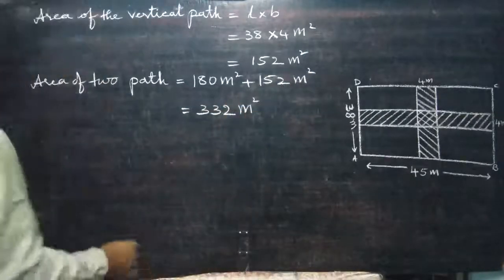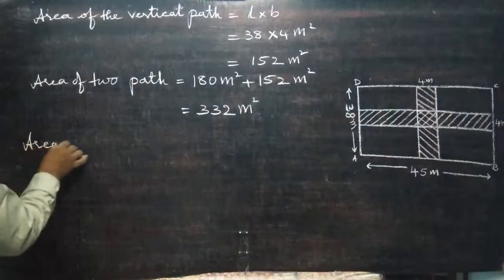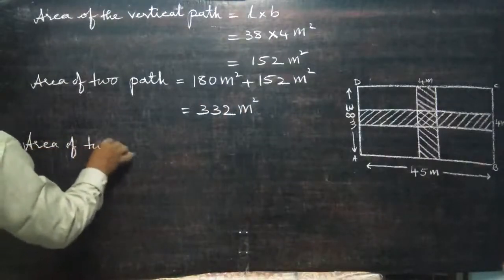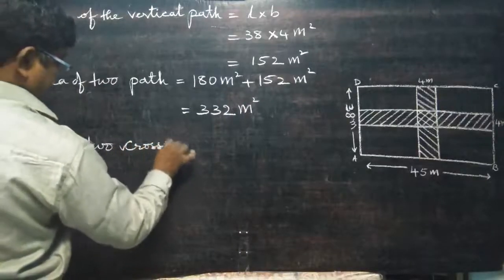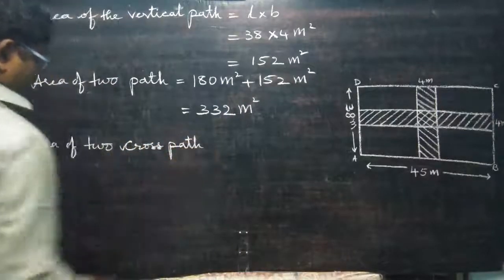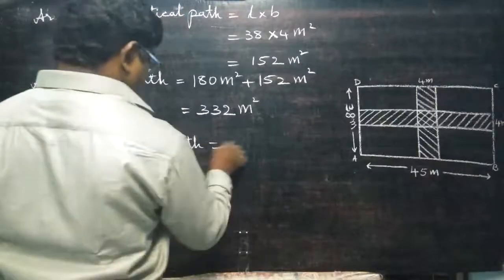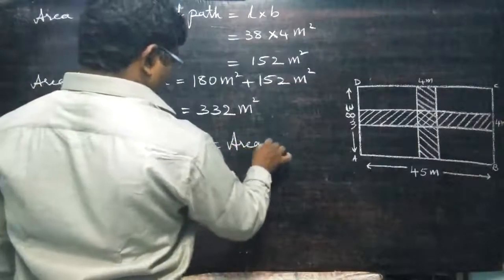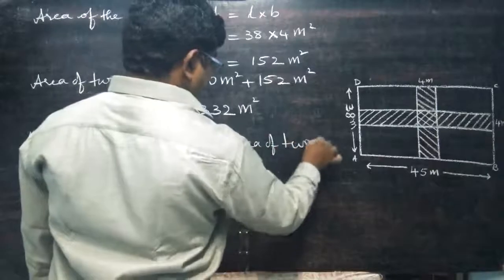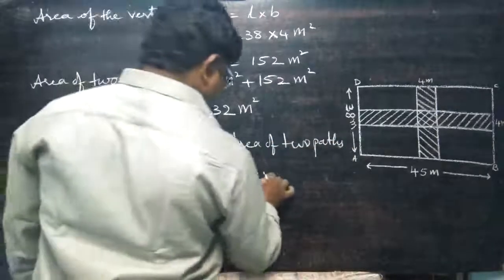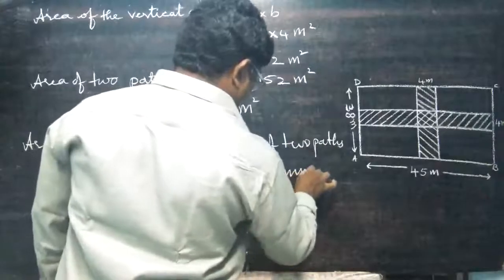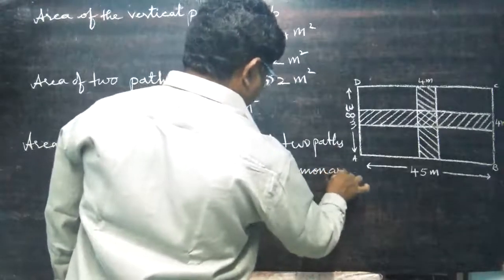Now area of two cross paths. Area of two cross paths is equal to area of two paths minus common area. Can you see common area?